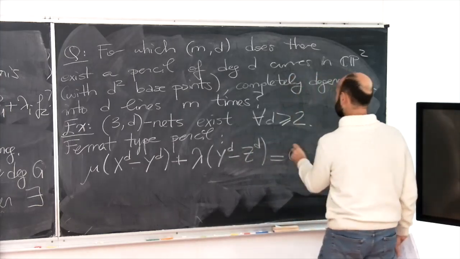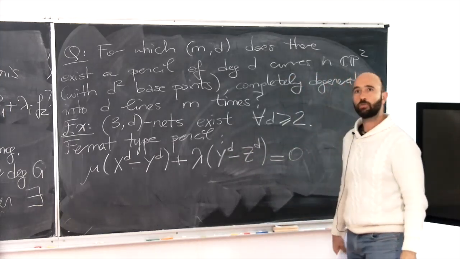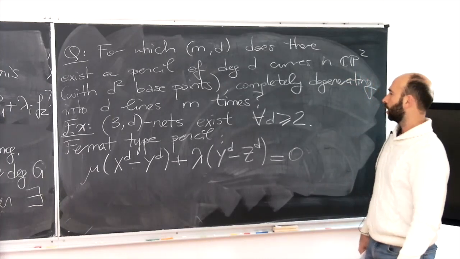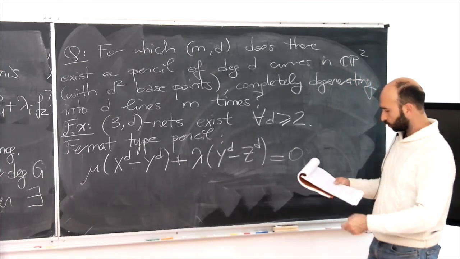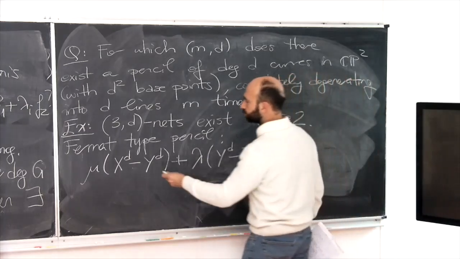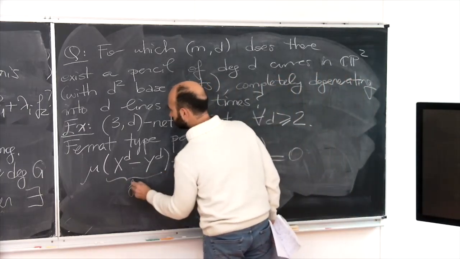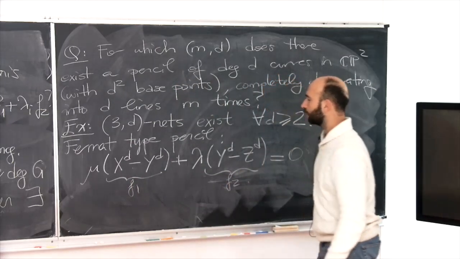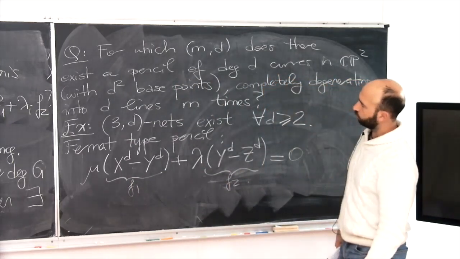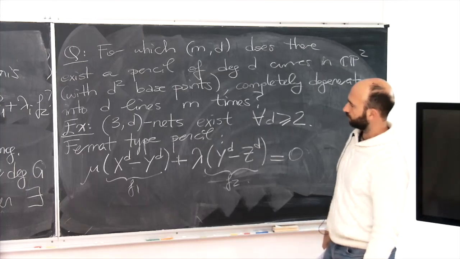So here are our curves. Okay, so this is our F1, and this is our F2. Now, F1 and F2 are products of lines.